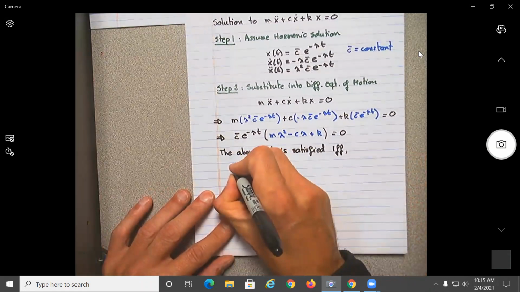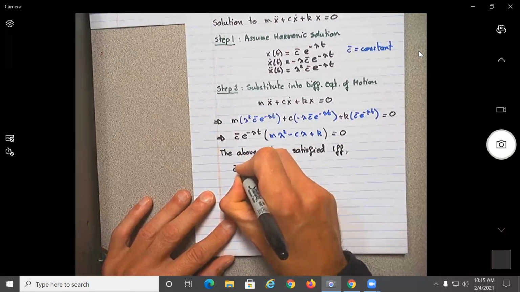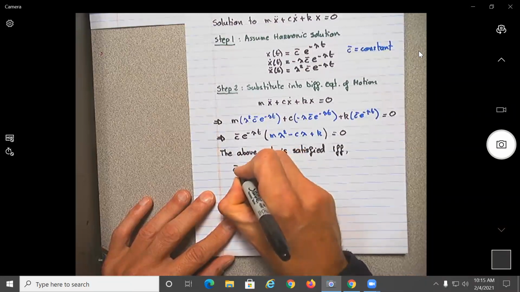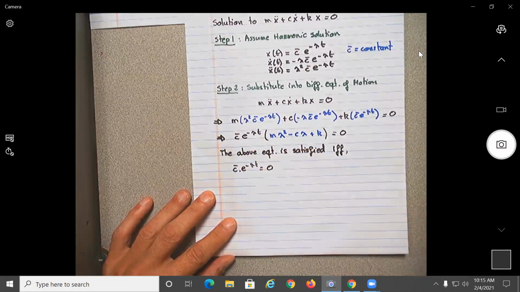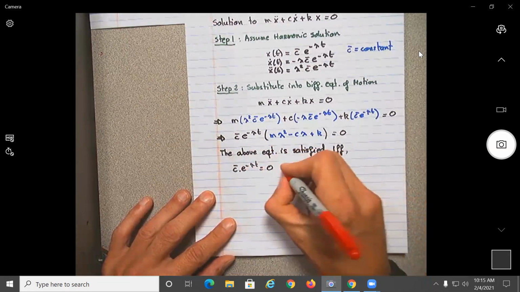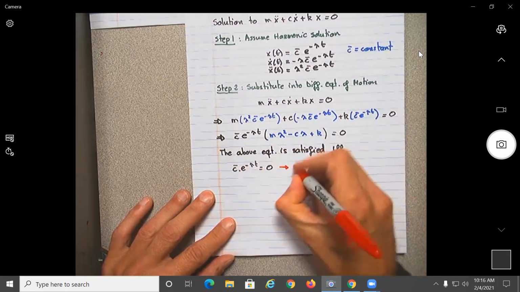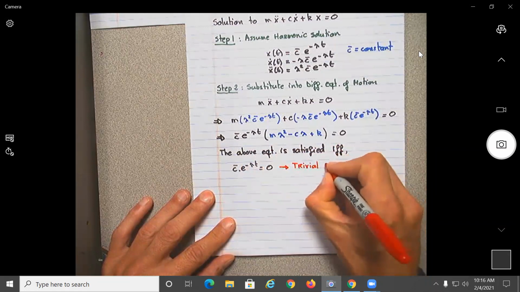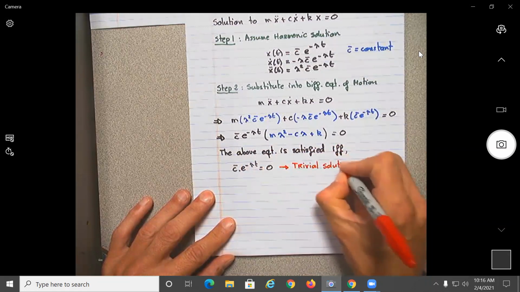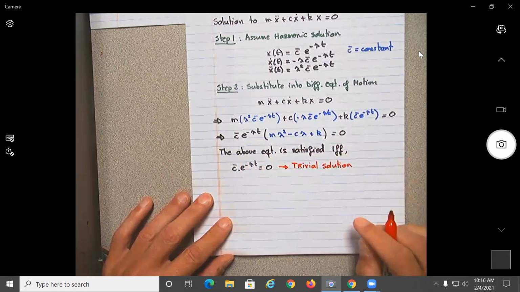If C bar exponential of minus lambda t is equal to 0, in that case this yields what is known as the trivial solution.